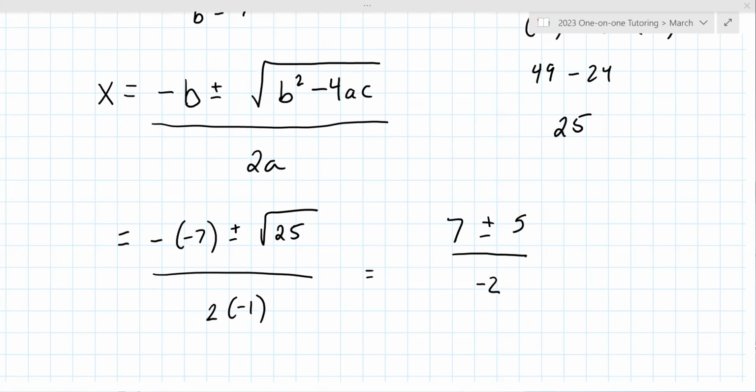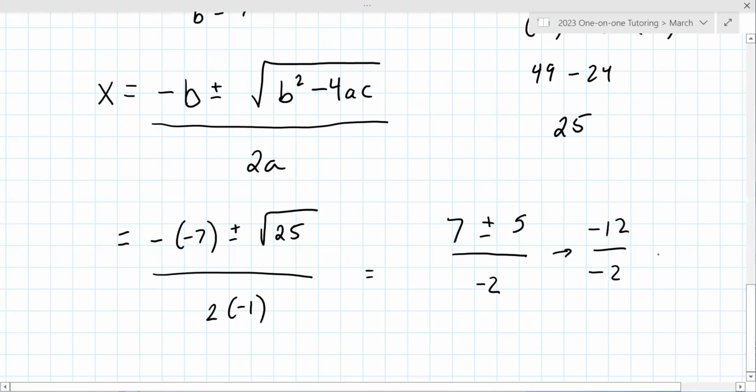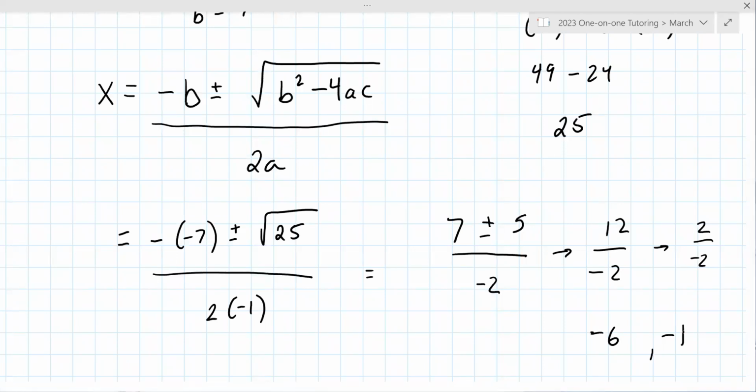Yeah, -6 and -1. Let's see here, I'm just double checking. -12 over -2, and then the other one is +12 over -2. That is -6, and then the other one is 2 over -2, which is -1. Is that what you get? Yeah.